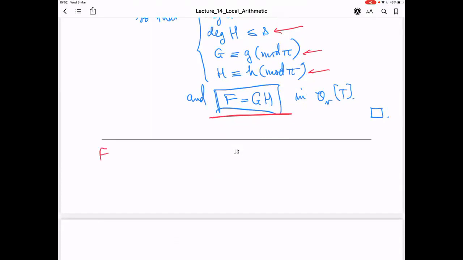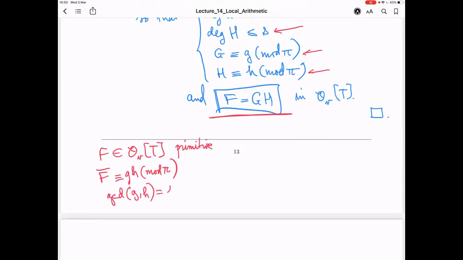If you have a polynomial f in OV[T], which is primitive, if you have f bar is g times h modulo pi, and GCD of g and h is equal to 1 in, of course, KV[T]. These are the hypotheses, and this implies that there exist G and H such that f is equal to G times H.